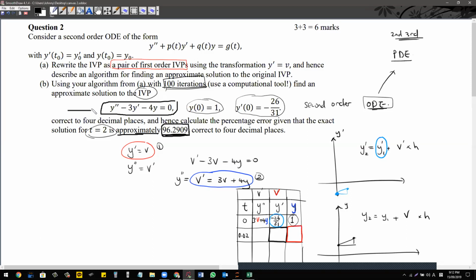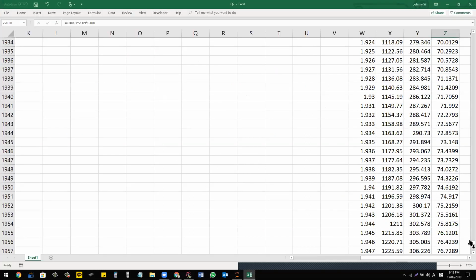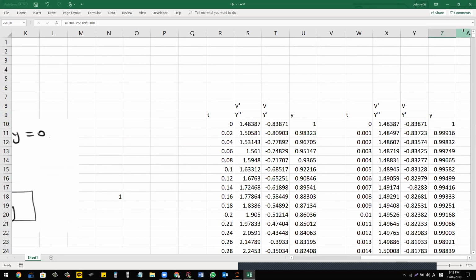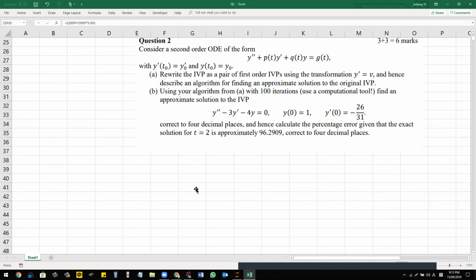I'm pretty sure your teacher used the exact solution to figure out this value and rounded it to 4 decimal places. I'm going to do the same. What we've done here is a numerical method, not an exact solution, right? So that's it for B.